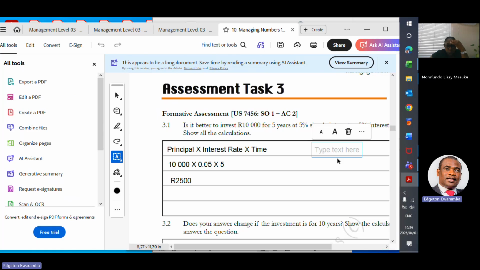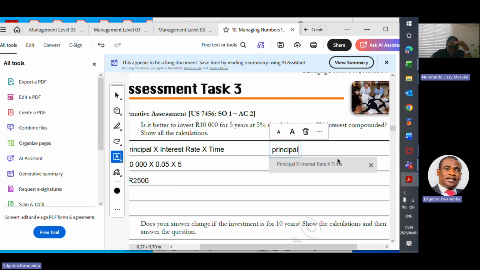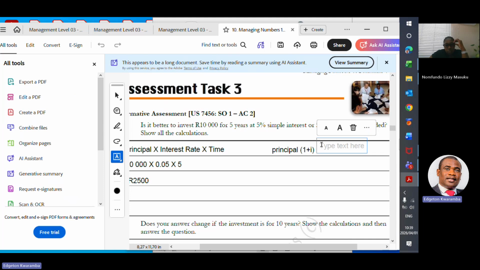But it has an easy formula, where you say principal, then you open bracket, you say 1 plus i, where i is the interest rate, you close the bracket, then you say to the power n, being the number of years. So if you're having your calculator, you're still opening it, right?